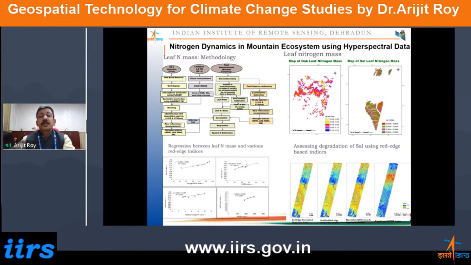So the spatial distribution of vegetation nitrogen can also be derived or retrieved from Earth observation systems. And using various techniques, including hyperspectral remote sensing, we have been able to accurately extrapolate and extract the nitrogen content of the vegetation in a particular area.